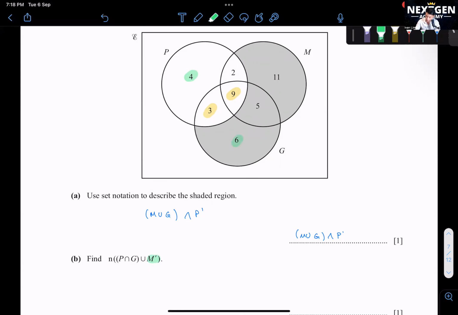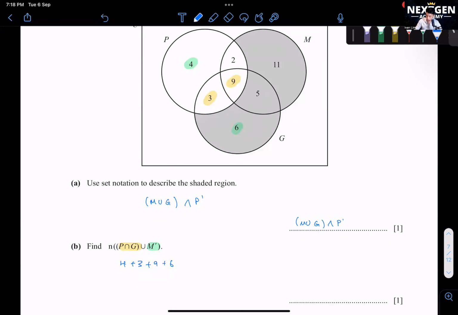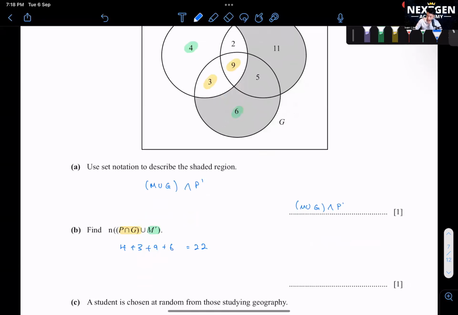This actually 3 also, it is included. So P intersect G union M prime, you just add all of these numbers together: 4 plus 3 plus 9 plus 6, equals 22.